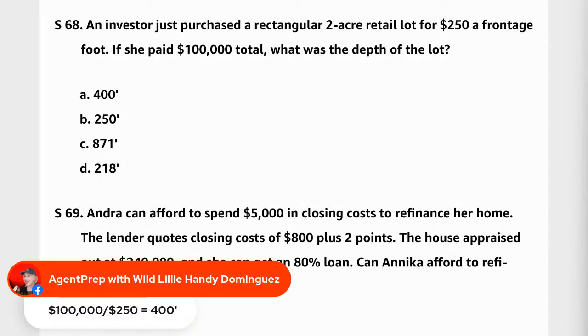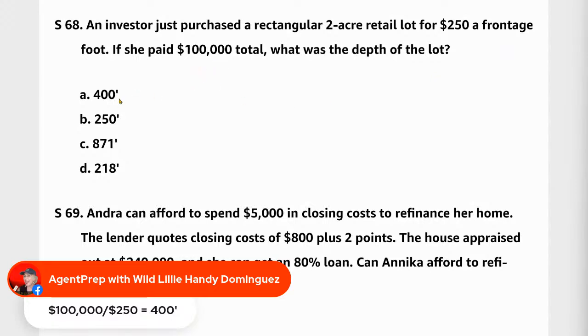Okay, did y'all get this? It's a multiplication and division, because the property is a rectangular lot, so length times width. One side is going to be longer than the other. If it was a square, the sides would be equal, but it's a rectangle. The frontage was calculated by dividing $250 per foot along the street into the 100,000.